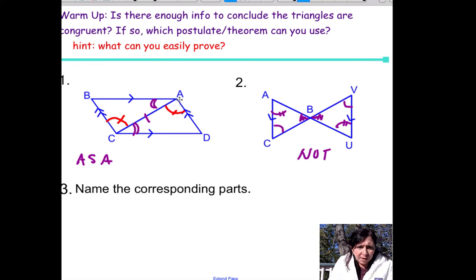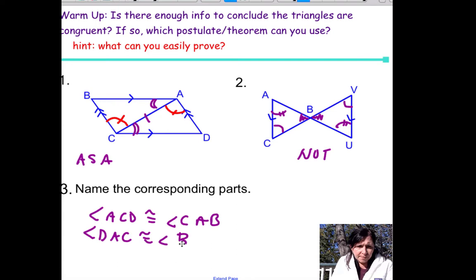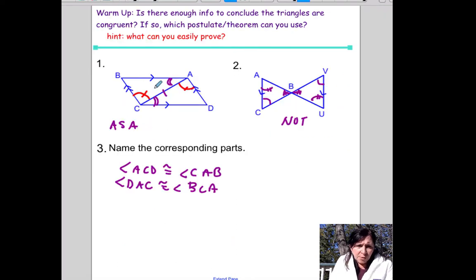Naming the corresponding parts to these triangles, well, let's go with it this way. We know that angle ACD is congruent to angle CAB. We know that angle DAC is congruent to angle BCA. We know that angle B is congruent to angle D, and you can use one letter when you don't have multiple angles around.